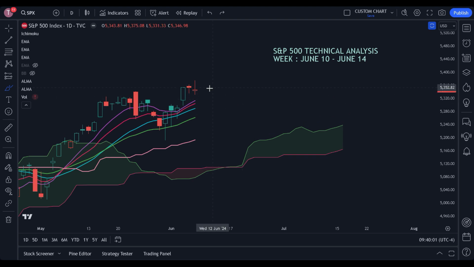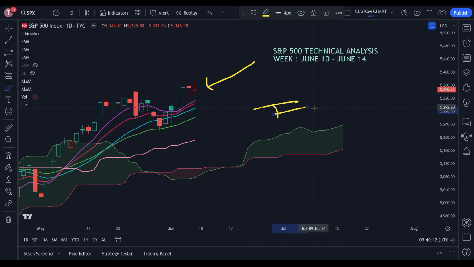So guys, on this daily chart, let's first analyze the candle. If you look at the candle, it looks like a red candle, but in actual fact it's a thin technical bullish candle. Also, because this candle was formed on Friday, its closing will matter.